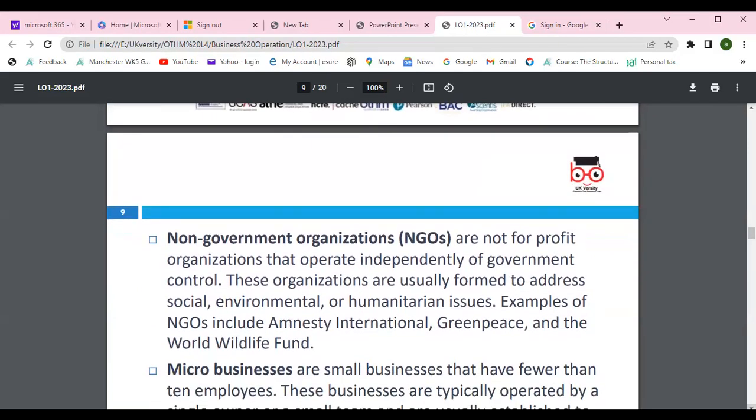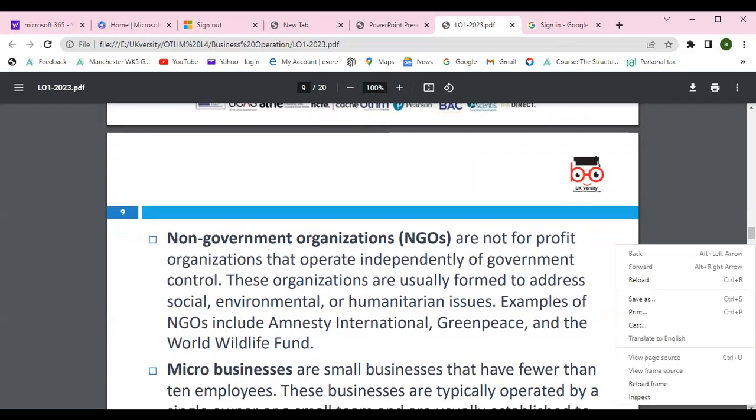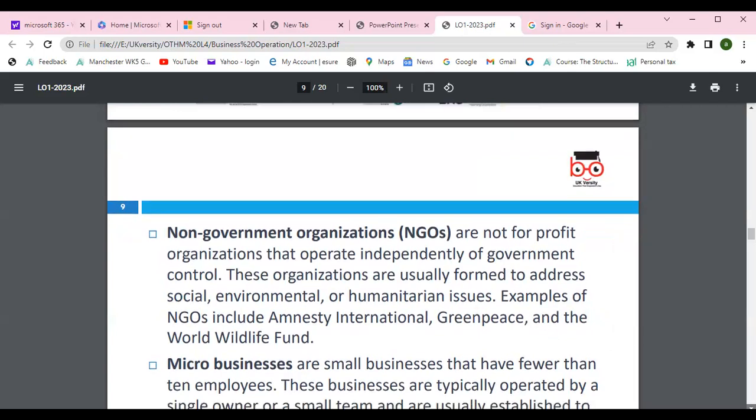Their purpose is humanitarian help, like in many developing countries. Many are part of Amnesty International, Greenpeace, World Wildlife, protecting animals, the environment, local culture, shelters.